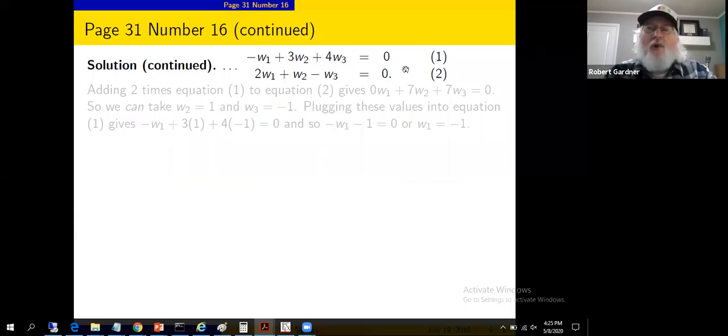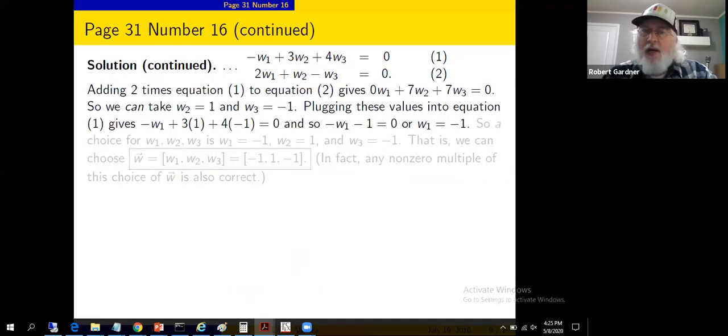All right, so here are the two equations we have, and we're going to do the following manipulations. Apologies for the awkwardness. It's accurate, but it is arguably uninspired. Let's take 2 times the first equation and add it to the second equation. Multiplying by 2 gives us negative 2w1 plus 6w2 plus 8w3 equals 0.